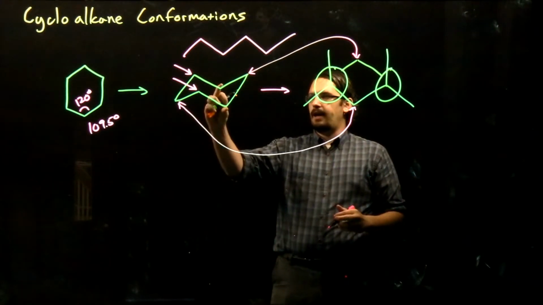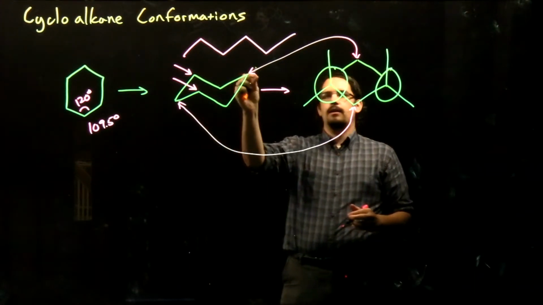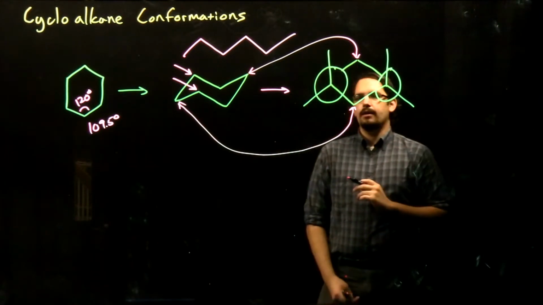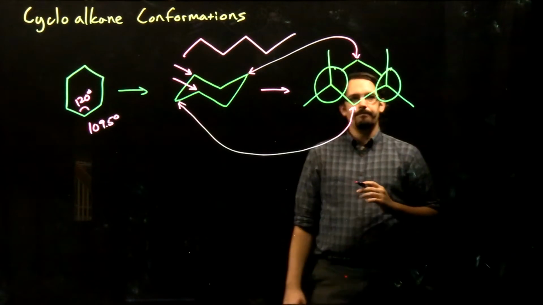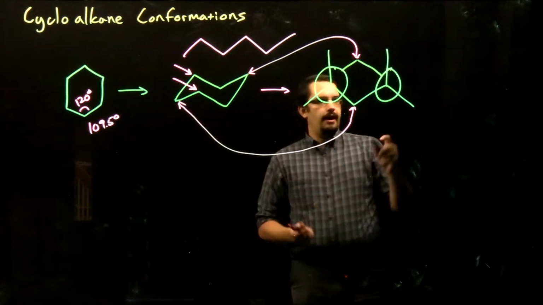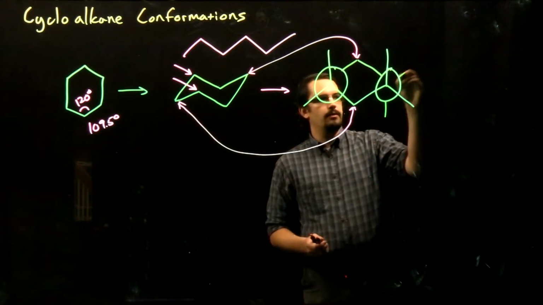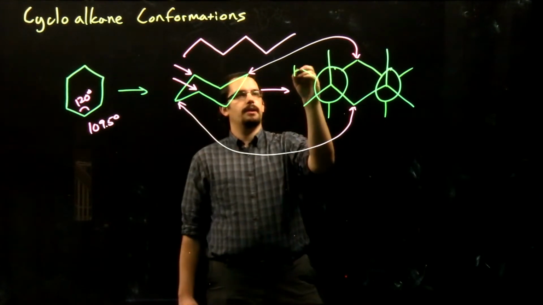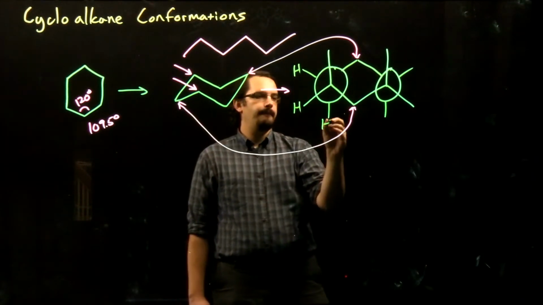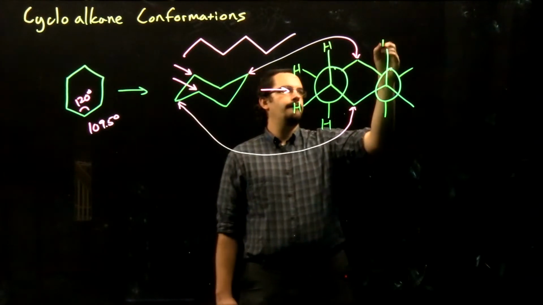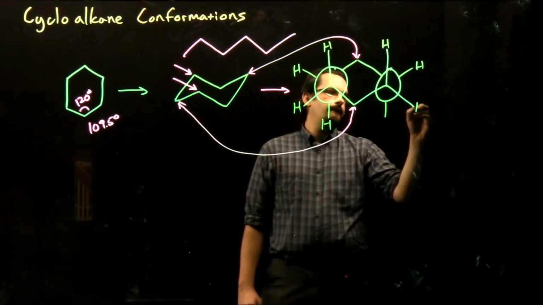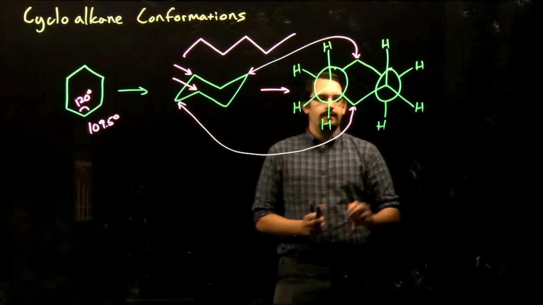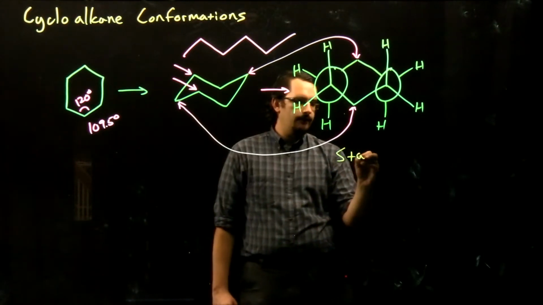Those bonds are coming together from these 2 carbons at the back, from behind my circle up to that high point of my ring. Now I'll go ahead and finish my last few bonds. These, of course, would all be connected to hydrogens. And so we see that this is a staggered conformation.